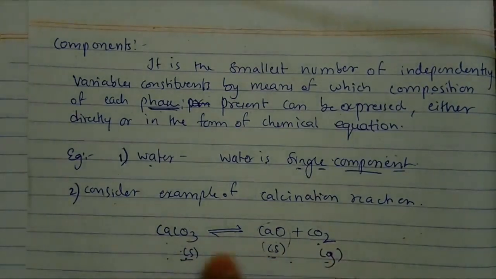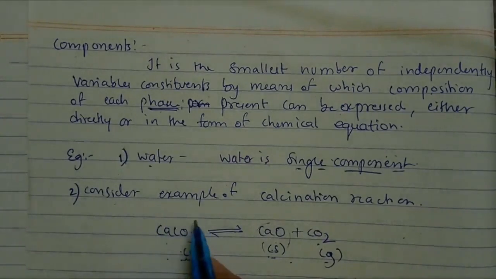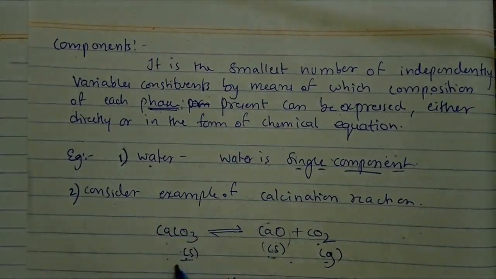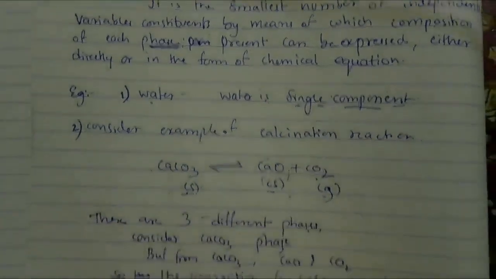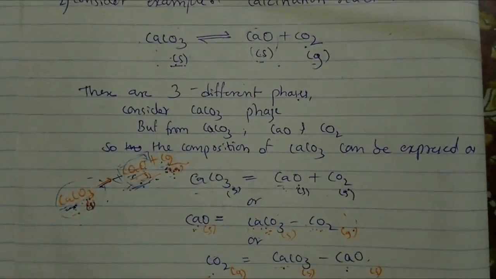By definition, if we want to express the composition of any one of these phases, how many independent variables are required? We know that there are three different phases. Now one by one we'll see how to express the composition of each phase.